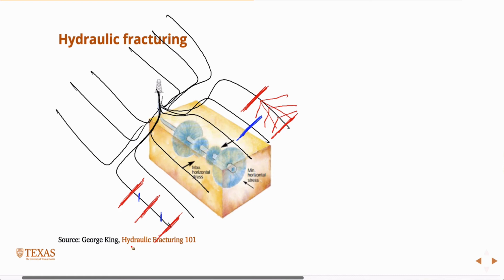Now, of course, in real life, there are lots of natural fractures all over the place, right? And so these hydraulic fractures will, in fact, grow and interact with those natural fractures, sometimes passing through them, sometimes going sort of around them, if you will, because they are three-dimensional fractures, sometimes turning and interacting with them as well.